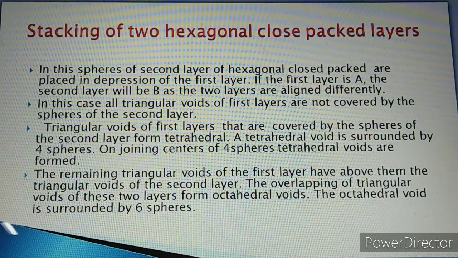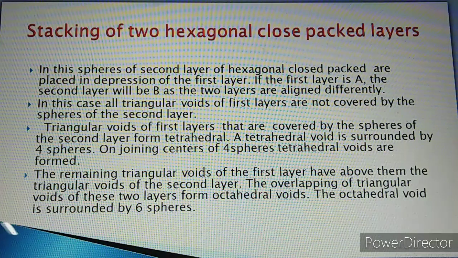While the remaining triangular voids of the first layer which are not covered by the second layer, above them are triangular voids of the second layer. The overlapping of triangular voids of these two layers forms the octahedral void. So how is an octahedral void formed?